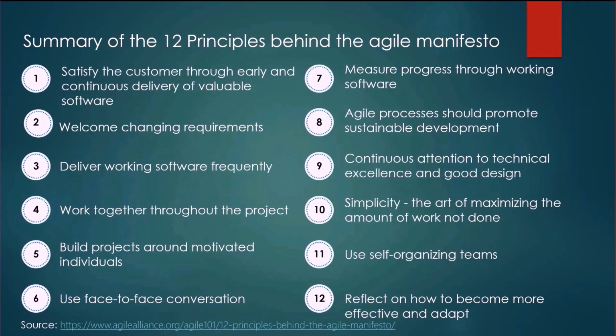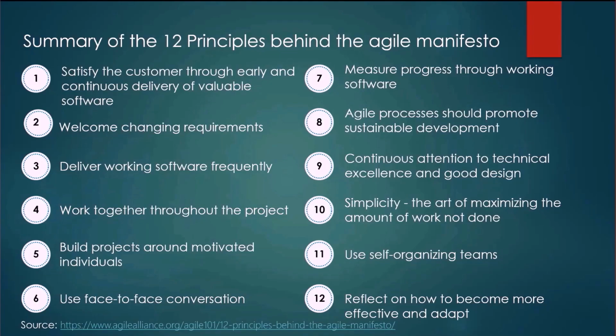So let us summarize the 12 principles that we discussed. 1. Satisfy the customer through early and continuous delivery of valuable software. 2. Welcome changing requirements. 3. Deliver working software frequently. 4. Work together throughout the project, meaning work together with the customer throughout the project. 5. Build projects around motivated individuals. 6.